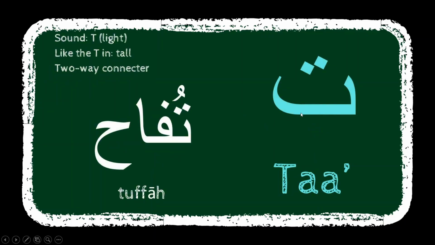The next letter is ta, which is a light letter, and it's pronounced like the T in tall. This is also a two-way connector, and you know what that means. Now let's work on the word here. This word is تفاح.